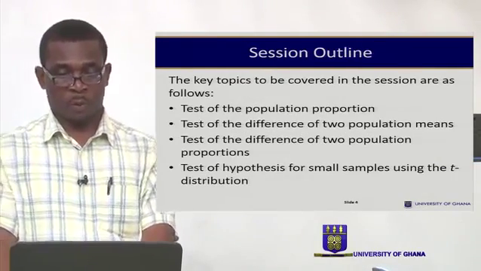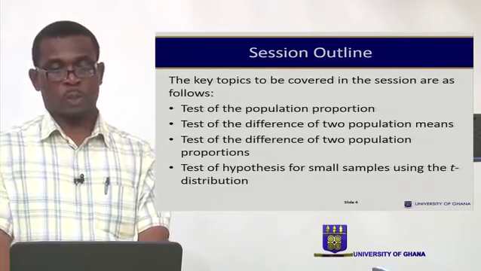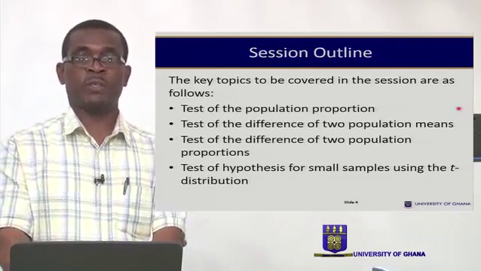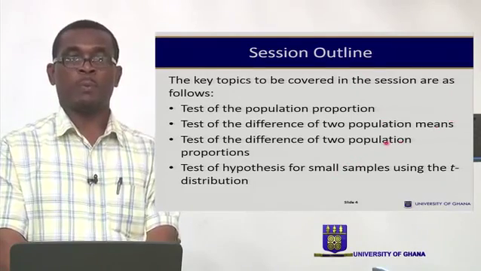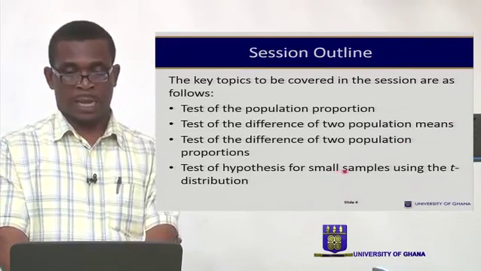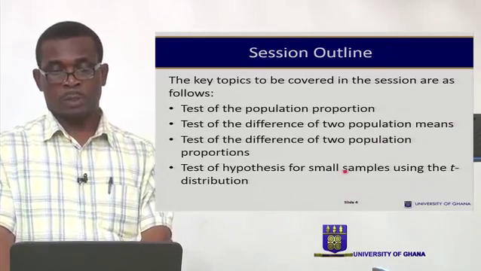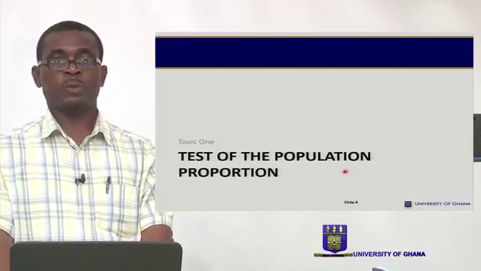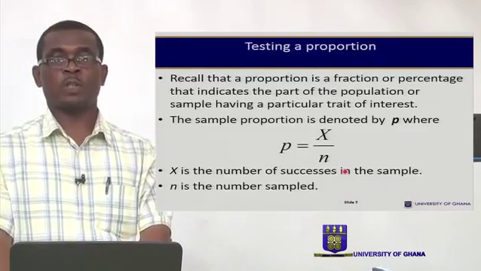We'll test for the proportion, the difference between two means, the difference between two proportions, and then test for sample sizes that are small using the T distribution. Test of the proportion.